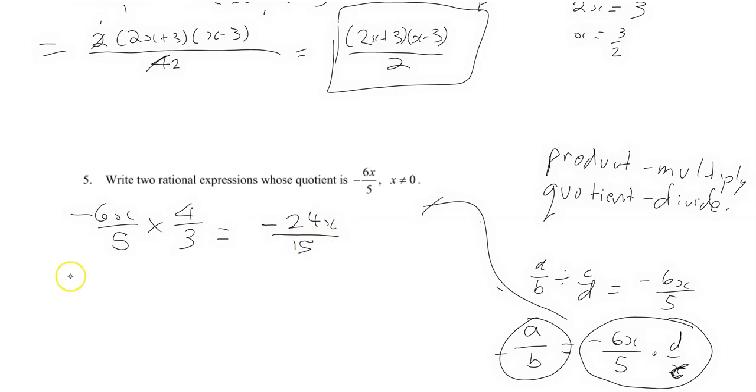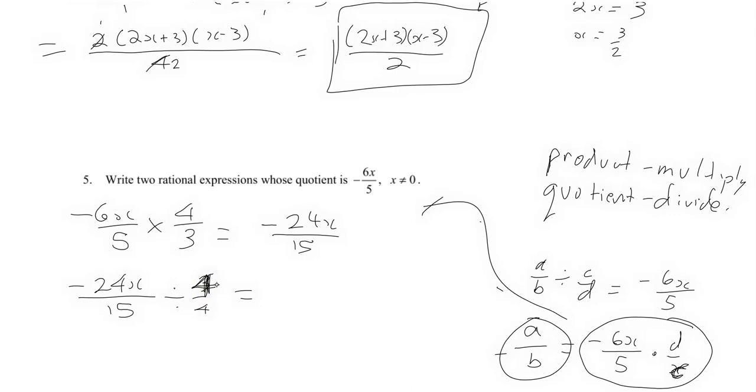So if we took negative 24x over 15 divided by 3/4, times 4/3. So we're going to have to divide by 4/3.